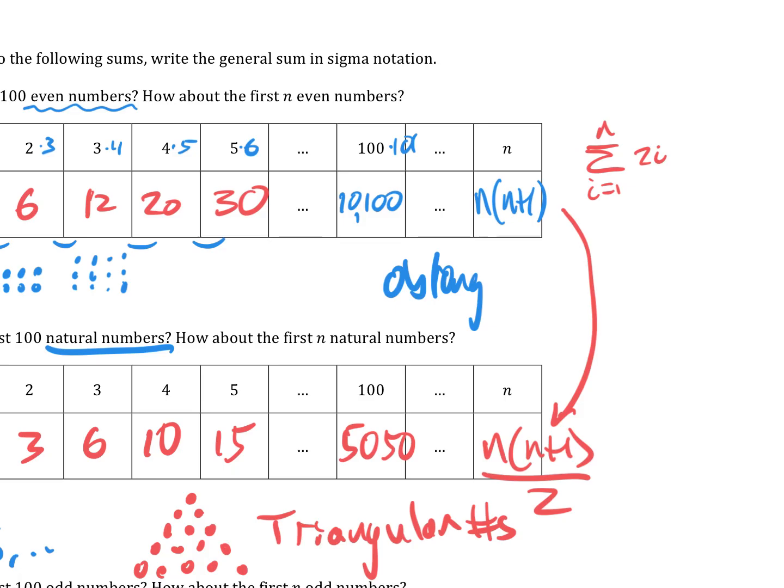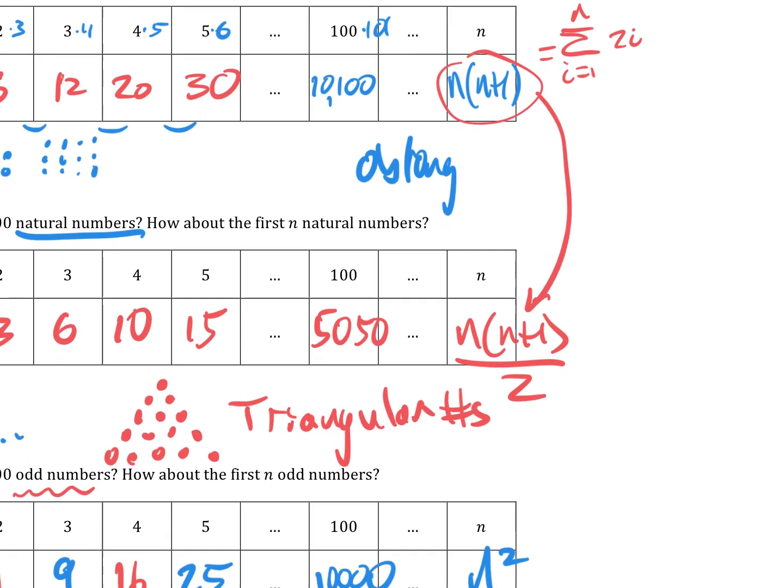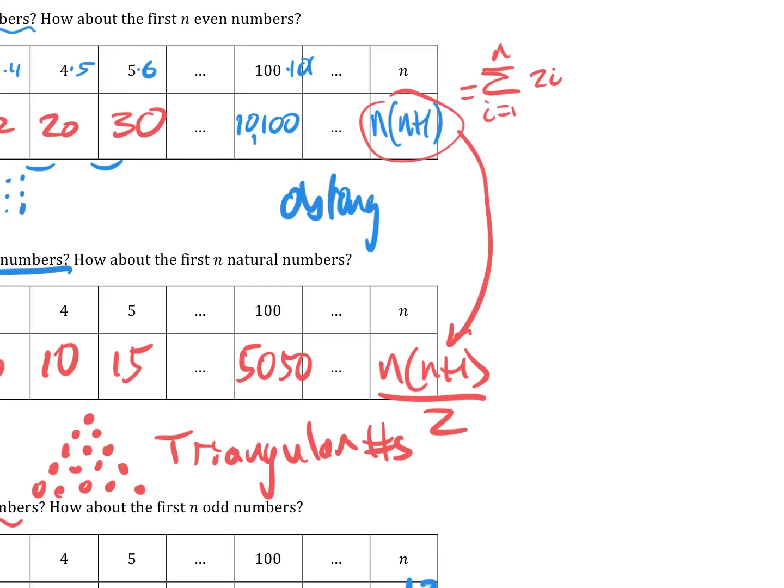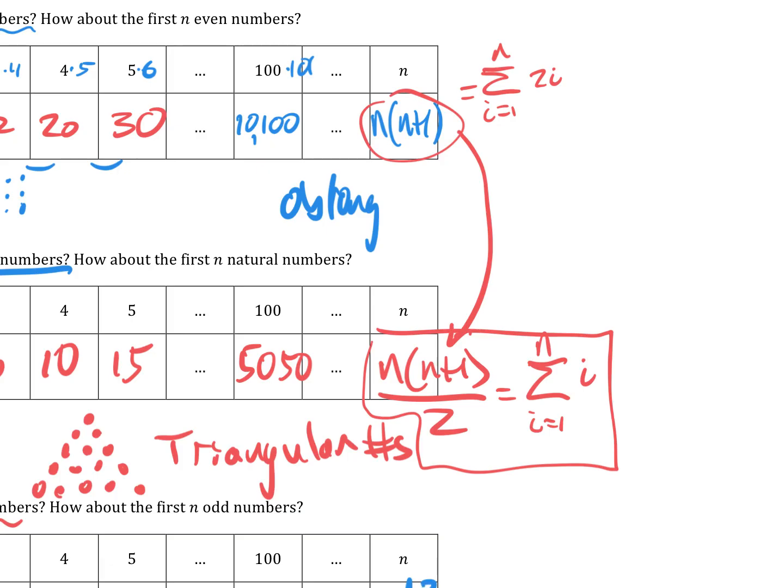And so this is equal to n times n plus 1. And even more important, this is one that we'll want to memorize here. The sum of i equals 1 to n of i is n times n plus 1 divided by 2.